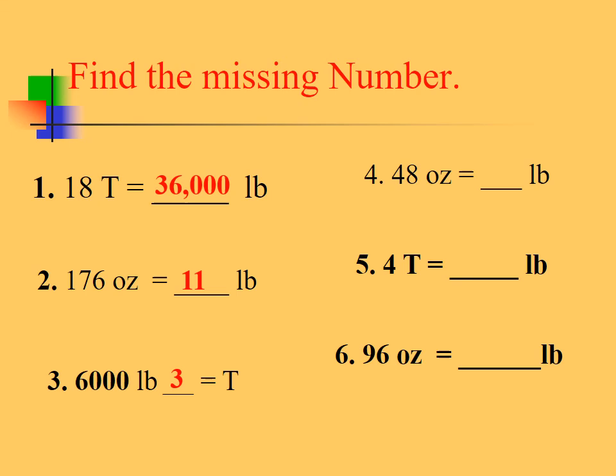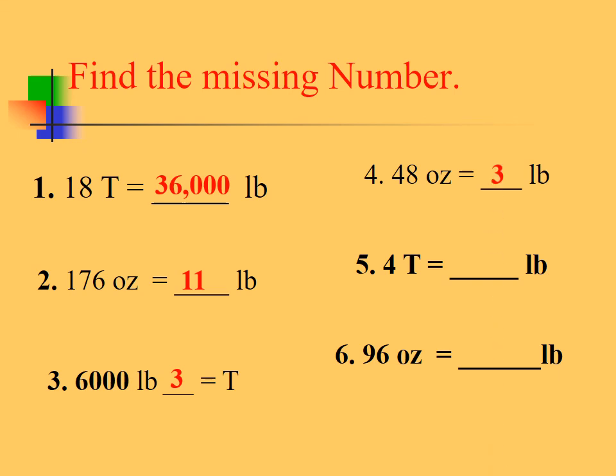Number 4, 48 ounces to pounds. So we're going from what? Smaller to larger. Which one is smaller? Ounces. So smaller to larger tells us we're going to divide. How many ounces equals a pound? 16. So therefore, 16 into 48 will be 3 times.